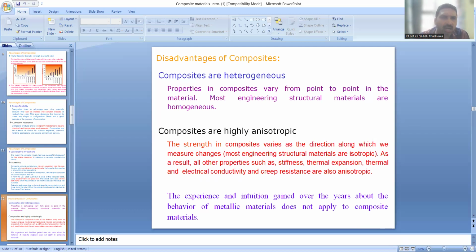As a result, all other properties such as stiffness, thermal expansion, thermal conductivity, electrical resistance also are anisotropic. The experience and intuition gained over years about the behavior of metallic material does not apply to the composite materials, right? Next one is disadvantages.